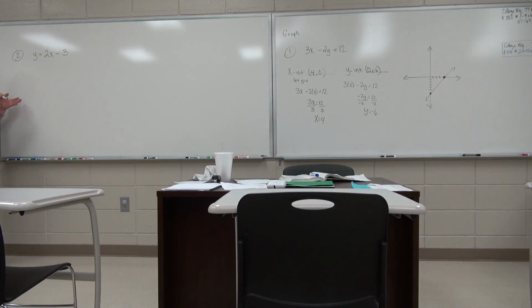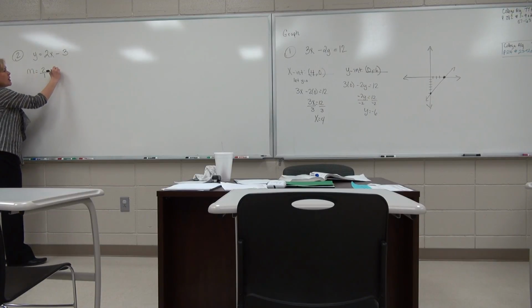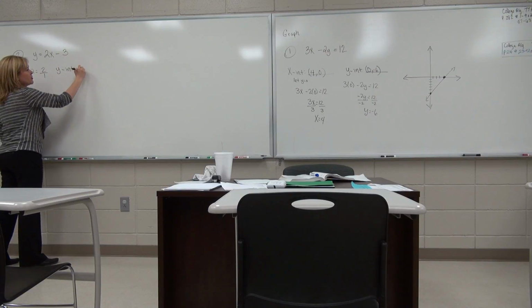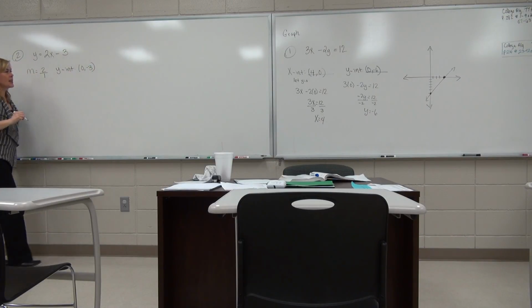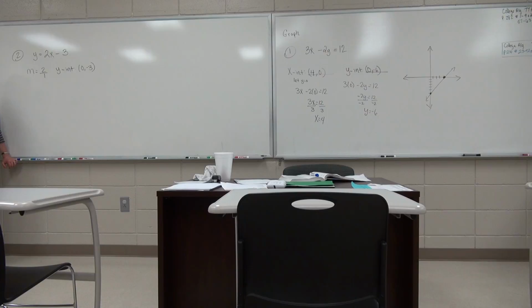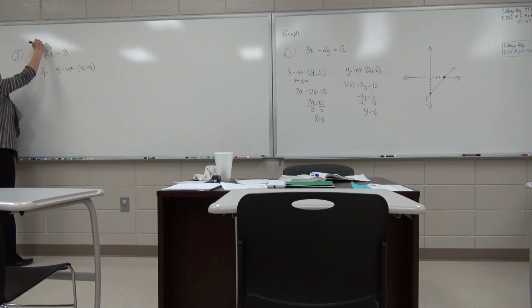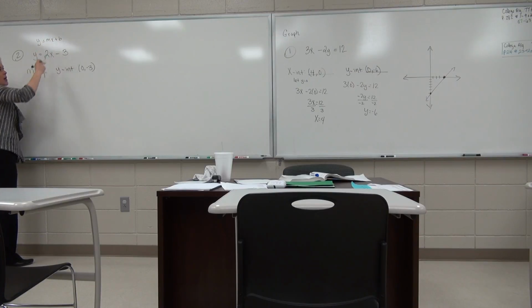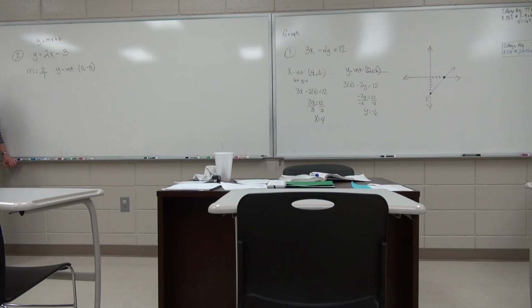Okay, well, do you agree that this is in slope-intercept form, y equals mx plus b? What's my slope here? 2. What's understood to be the denominator if it's not written? 1. And then what's my y-intercept? Your y-intercept is negative 3, so I've got a point at 0, negative 3. This is in the form y equals mx plus b. m's always the slope, b's always your y-intercept.